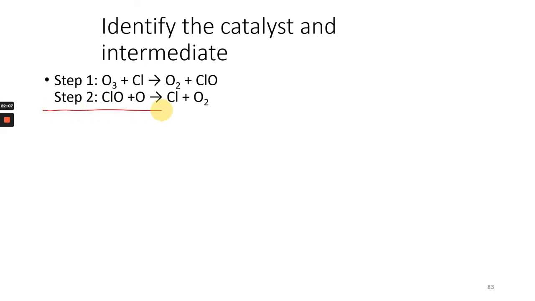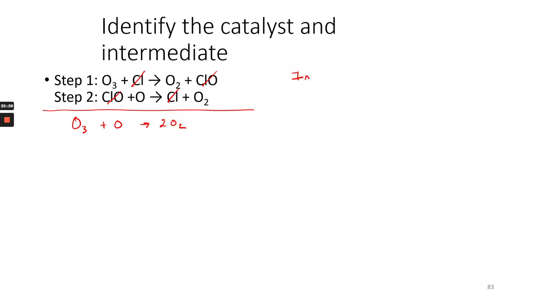So when we have these two steps, we normally add them up to get our final reaction. So let's do that. So here I see that the chlorines will cancel each other out, and the ClOs will cancel each other out. So I end up with this as my overall reaction.